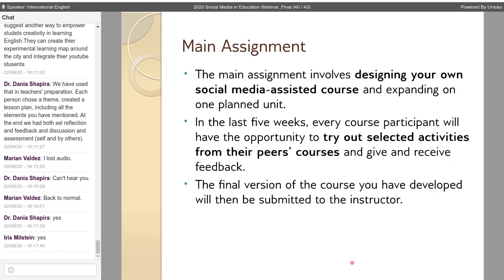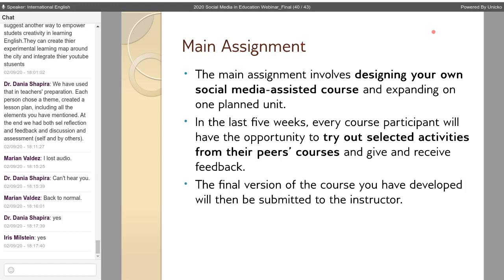The main assignment is a capstone project, or mini project, where you design your own social media enhanced course, a mini course or activity. Then in the last 5 weeks of the course, participants will try out selected activities from their peers' courses and give and receive feedback.